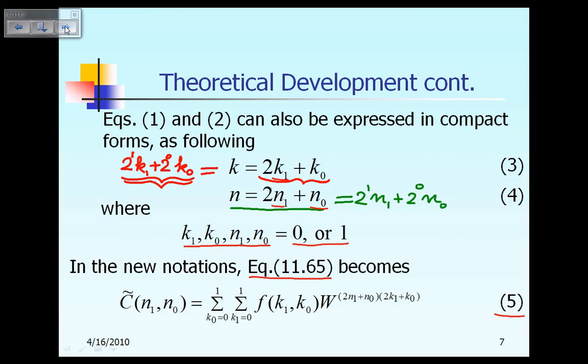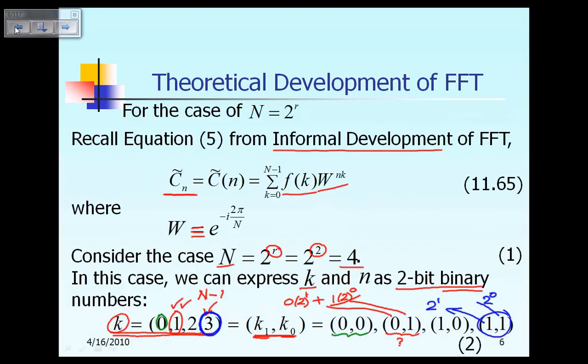Let's take a look at equation 11.65. If you look at equation 11.65 on the previous slide, the only thing we did is whenever we see the index n, we replace it by the new formula for n.